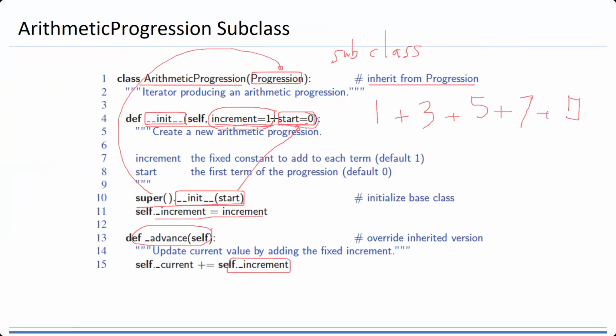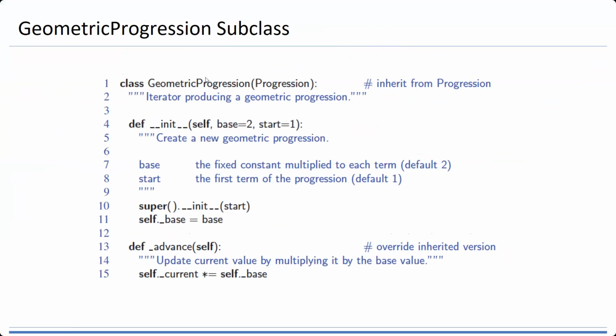If the start number is different, let's say I'm starting from 5 and the increment is 2, then it will be 5, and then 7, and then 9, and then 11, and so on. So it depends on the input for the arithmetic progression.